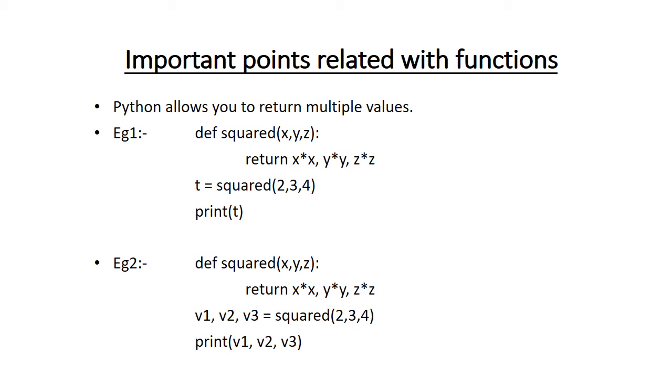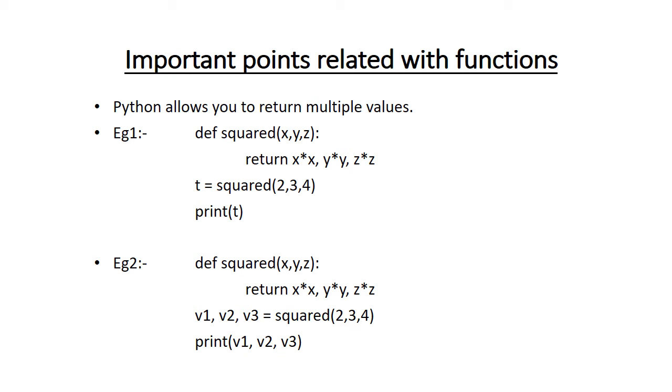For example, the first example defines squared of x, y, z. That's a function definition, and it returns x into x, comma, y into y, comma, z into z. And now the main program. A variable t is equal to squared of 2, 3, 4. So 2 stands for x, 3 stands for y, and 4 stands for z.